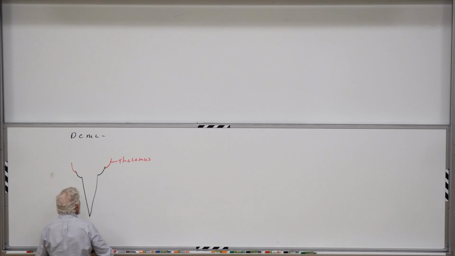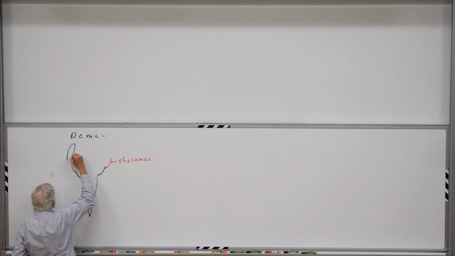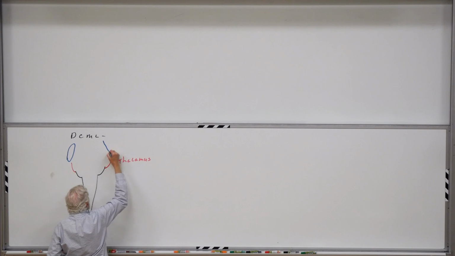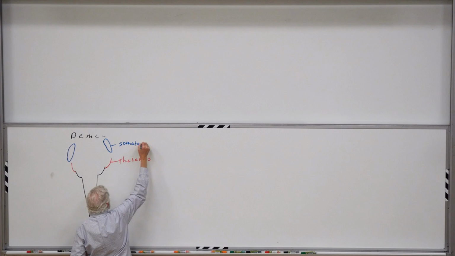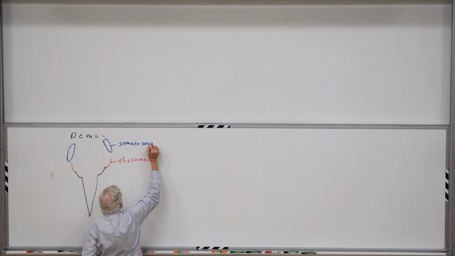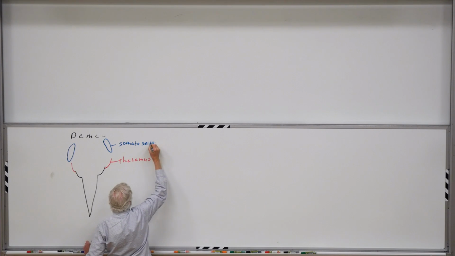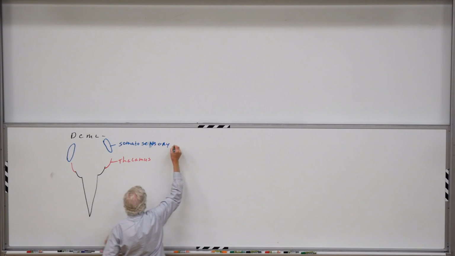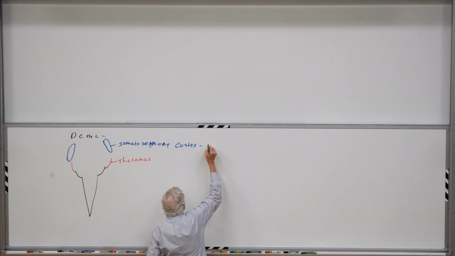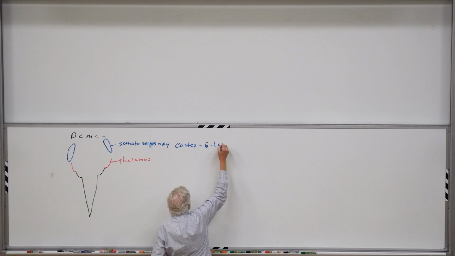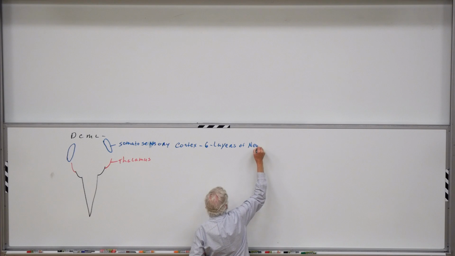And finally, a region up here, which we're going to define as a region of the cerebrum called the somatosensory cortex. This is six layers of neuronal cell bodies.